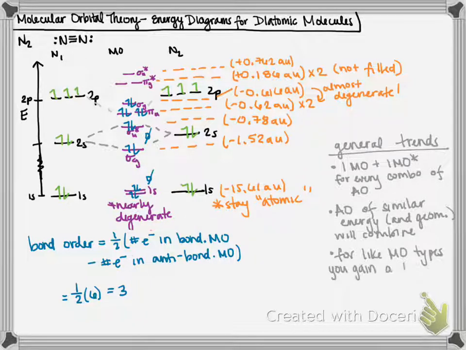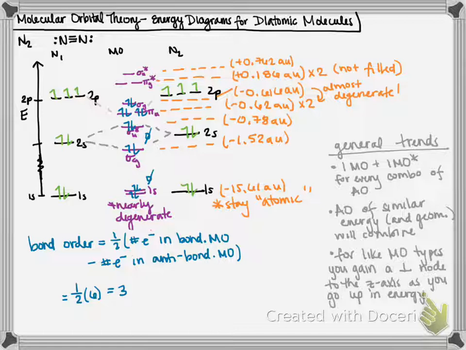And for like molecular orbital types, you gain a perpendicular node to the z-axis as you go up in energy. So if we look at our atomic 1s, our non-bonding orbitals, the first one had no node because both of the lobes were blue, even though there was space between them. But in the second one, one of the lobes was flipped to red, indicating a node.